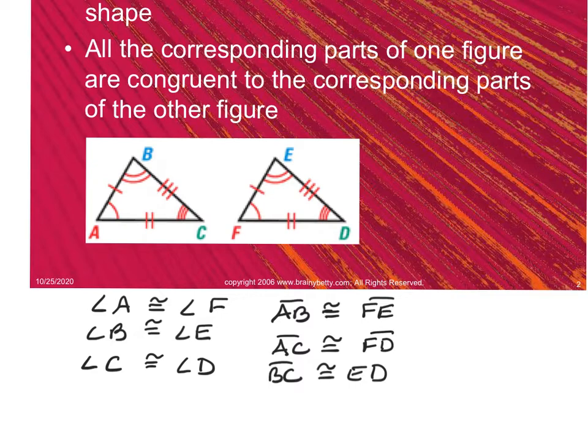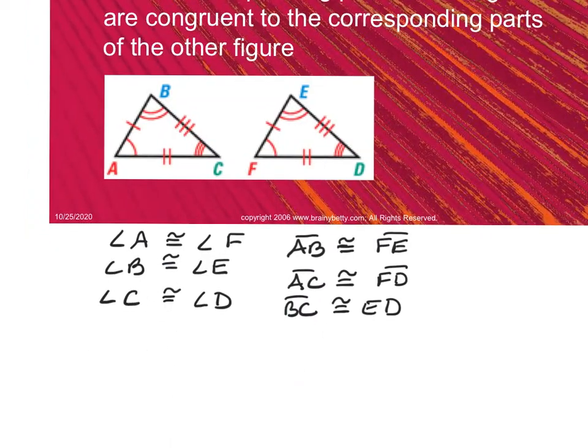When you write your statement of congruence, the order of the letters matters. So more than likely, you would start out with the triangle on the left. And now we have to match in the exact same order for the second triangle. So I could say that triangle ABC is congruent to triangle FED.